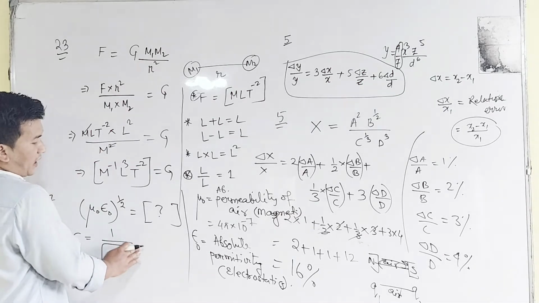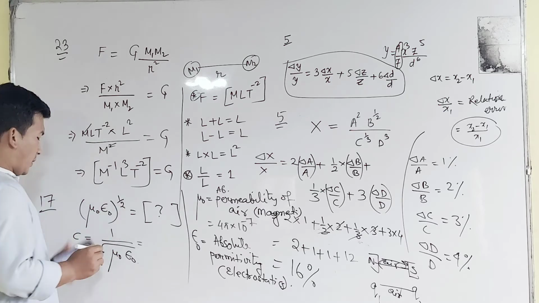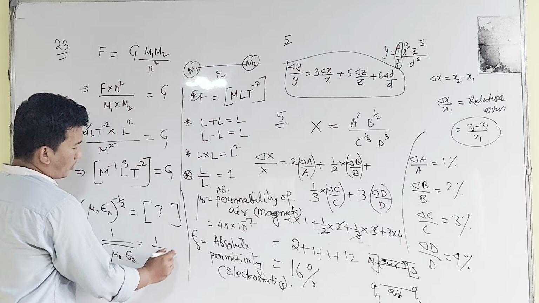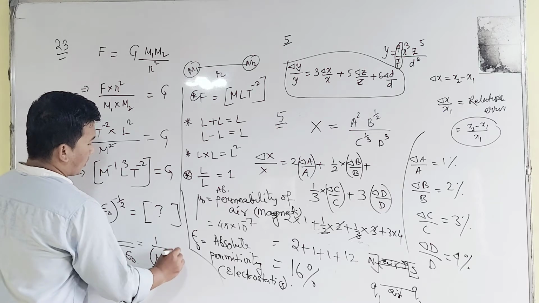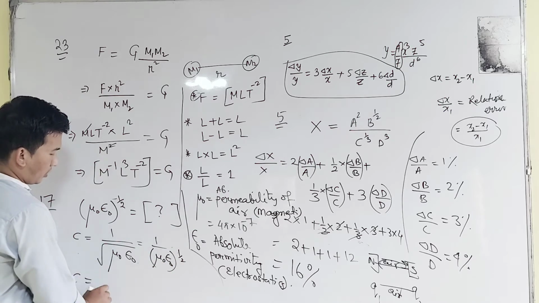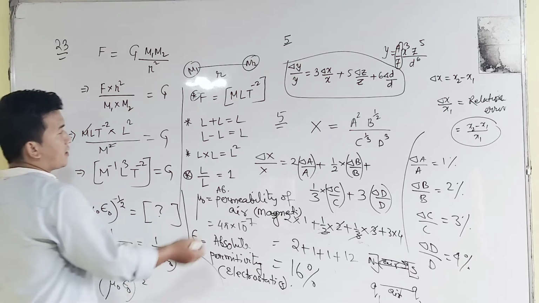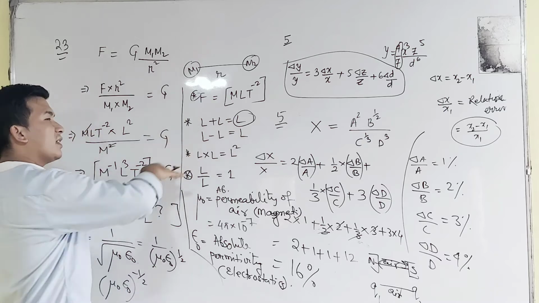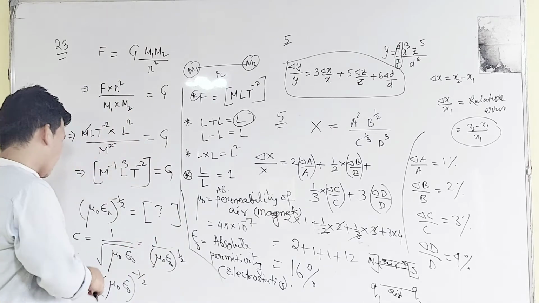If we express this in terms of power notation, mu naught epsilon naught is to the power half; if it is taken upside, C is equal to mu naught epsilon naught to the power minus half.